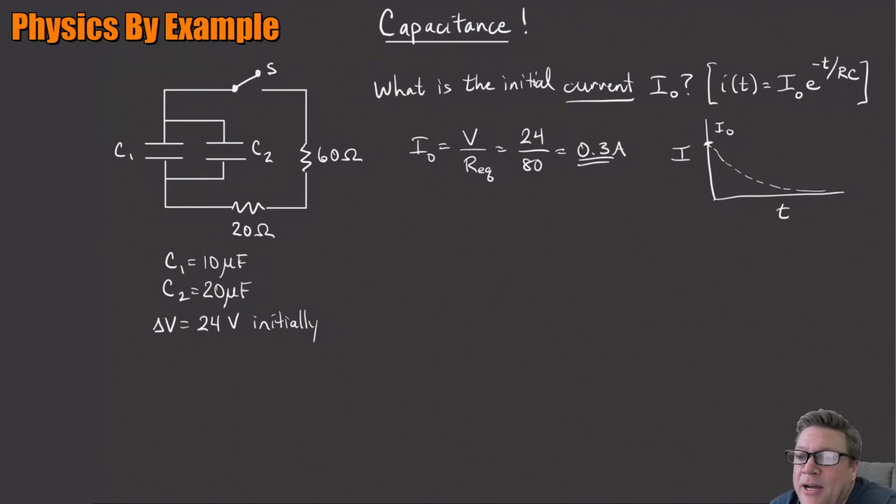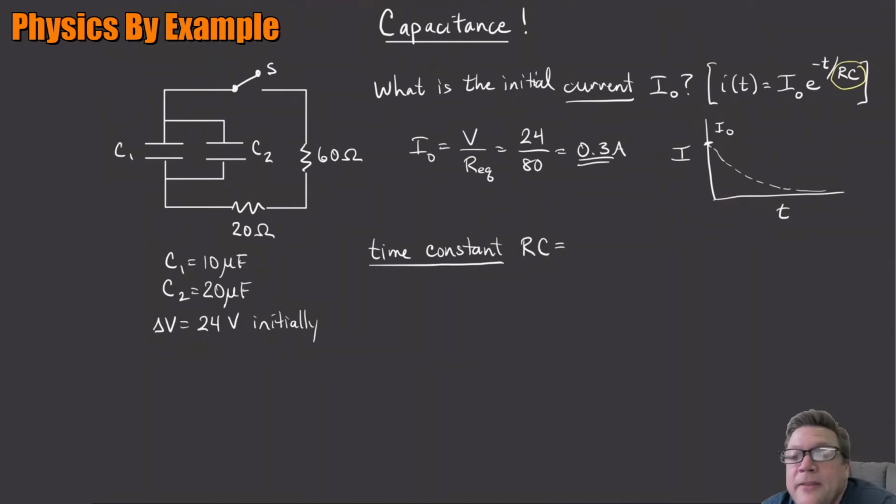And then what happens? The whole behavior of the circuit is governed by that combination RC in these circuits. And RC is called the time constant. Here, the time constant is the equivalent resistance for the whole circuit, R_EQ, times the capacitance for the whole circuit.